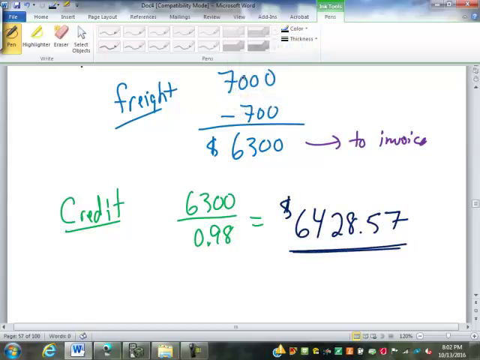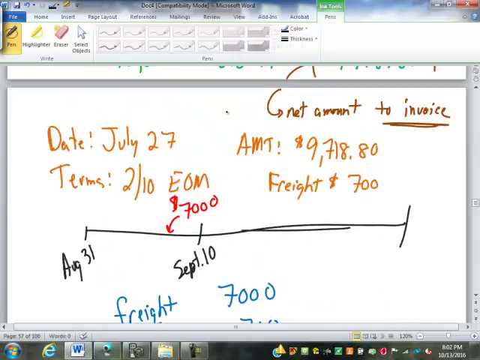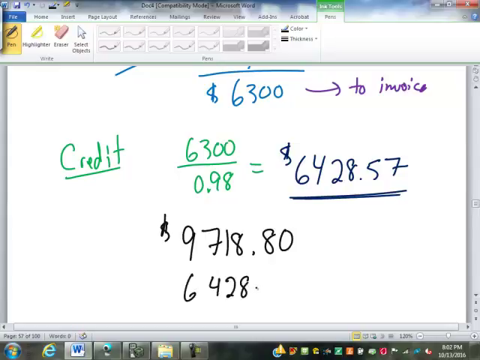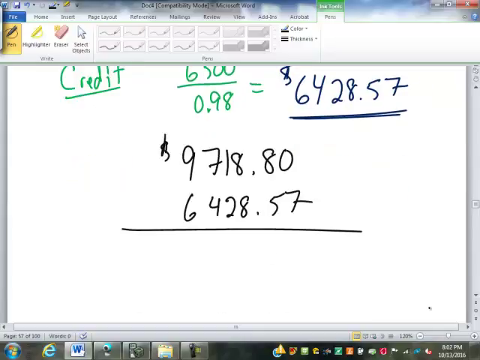So we go back to our invoiced amount, $9,718.80, and we're going to subtract 6,428.57. And that gives us $3,290.23 is our balance.